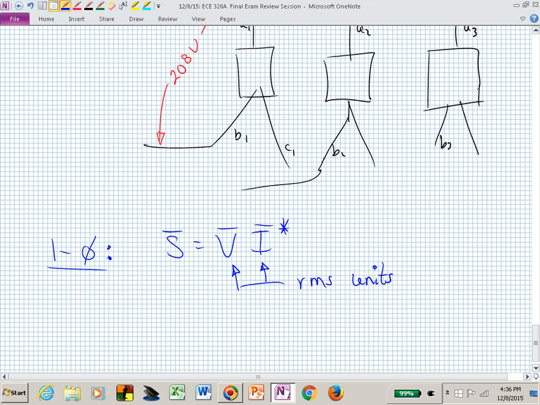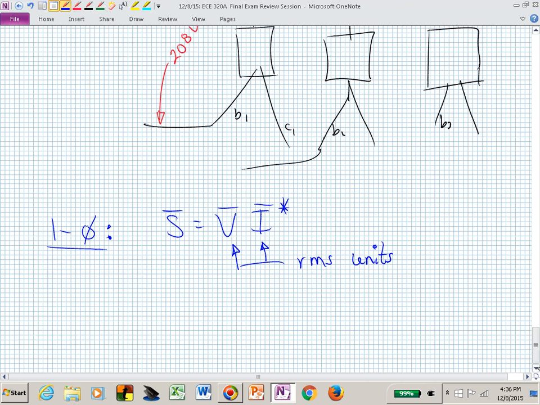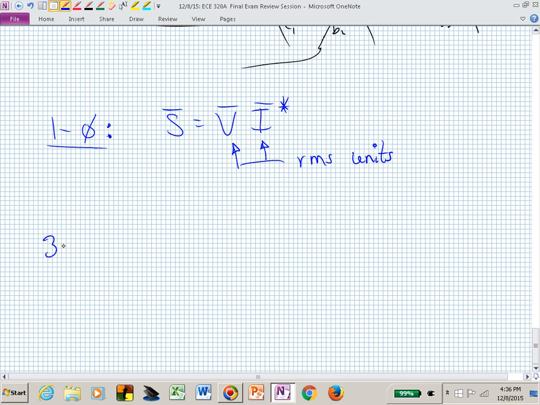We now have a three-phase system. Do you remember, if I had a single phase complex power, how could I find the total power in a balanced system?